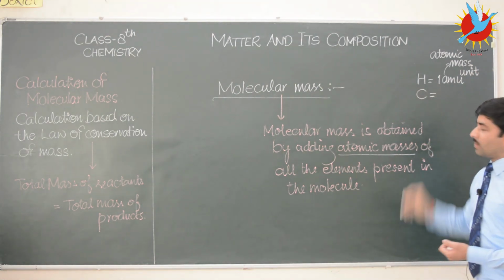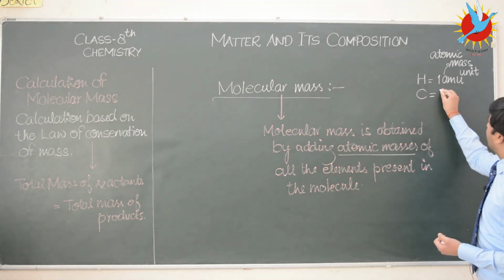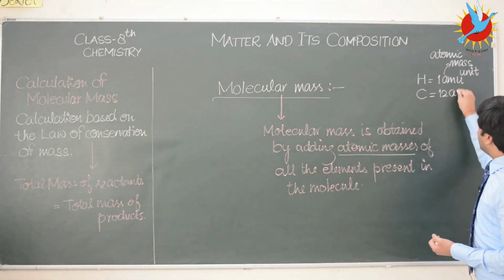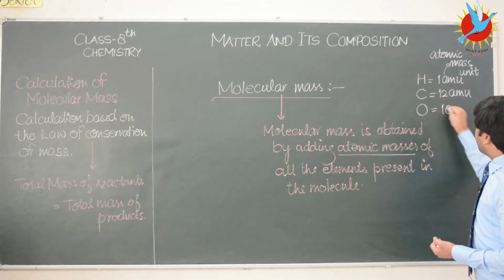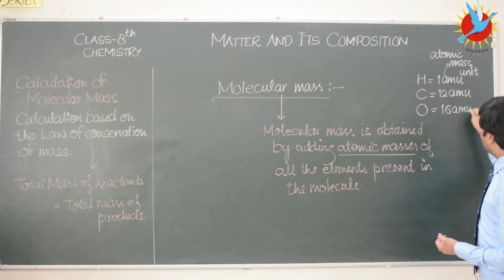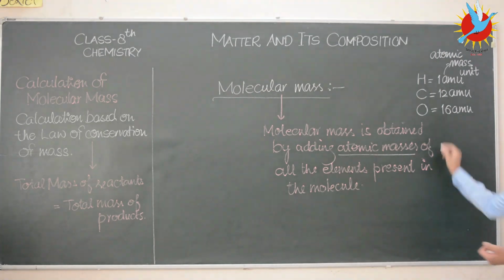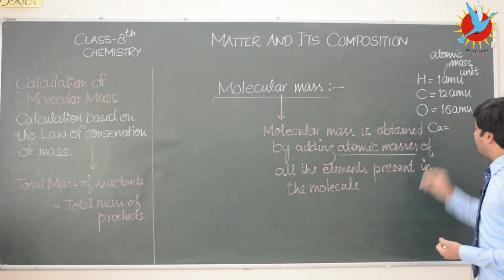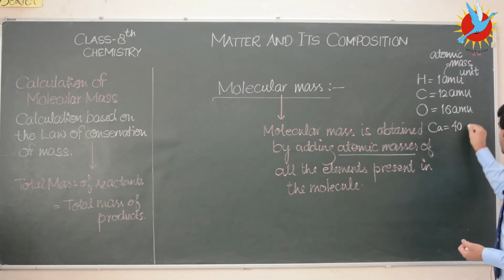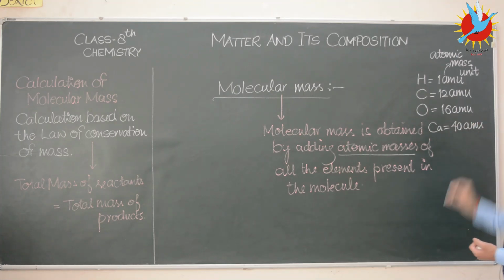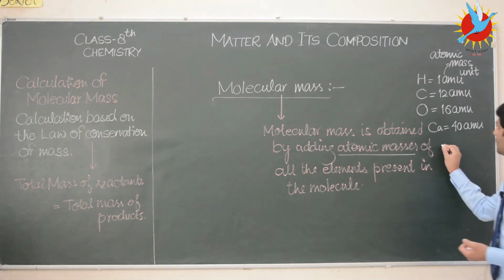Similarly, the atomic mass of carbon is 12 AMU. Oxygen has the atomic mass equal to 16 AMU. Calcium has the atomic mass equal to 40 AMU.